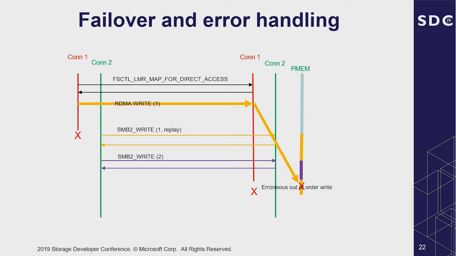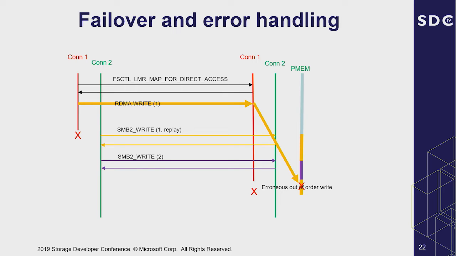Now, let's say that you do a second SMB write to the same region. Now, the data content changes to purple. Now, if you do not invalidate the memory region, that stale RDMA write from the initial one could end up overwriting the purple one with the yellow one at the end, and you have to prevent that from happening.